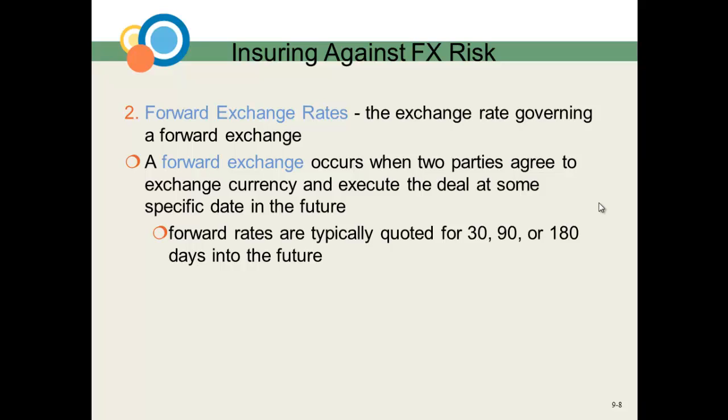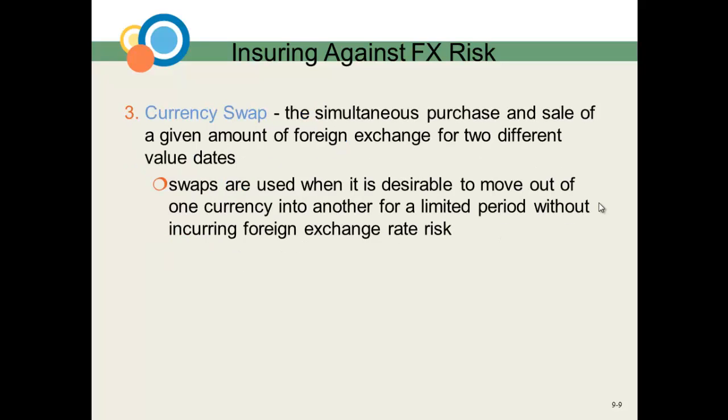The reason this works to the advantage of the people using this forward exchange rate is that they agree on the exchange rate price today, and this prevents both sides from assuming a lot of risk, especially in converting currency where there's a high degree of fluctuation.